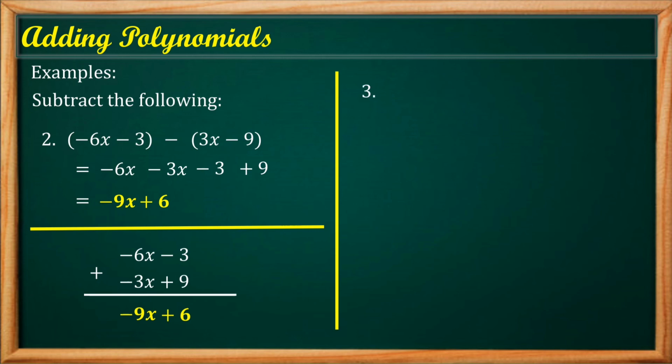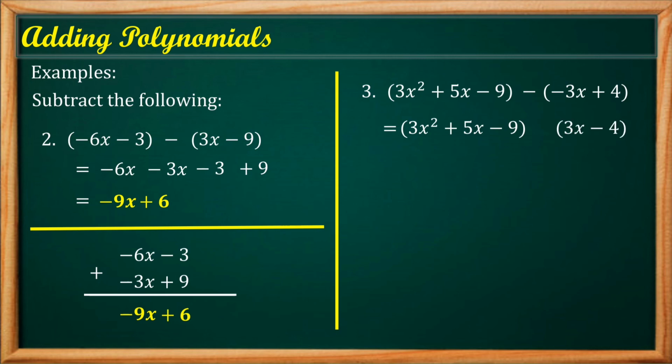Okay, next, we have here negative 3x squared plus 5x minus 9 minus negative 3x plus 4. Again, copy the minuend, change the sign of the subtrahend, then change the operation to addition.